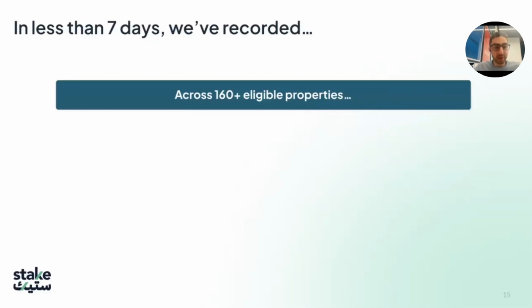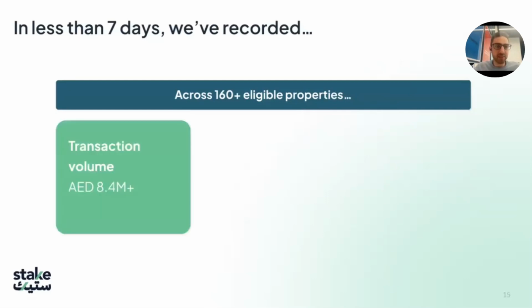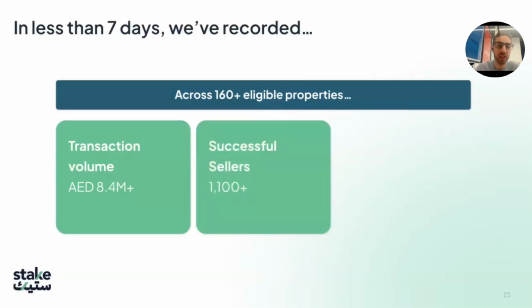In less than 7 days, and this is the current window that's live right now, in the past 7 days, we've recorded 8.4 million dirhams in transactions. If you remember what I just said, that was the volume we recorded in the entire 2 weeks of the last window. So already halfway through, we've hit the last exit window's full transaction volume, which is really cool.